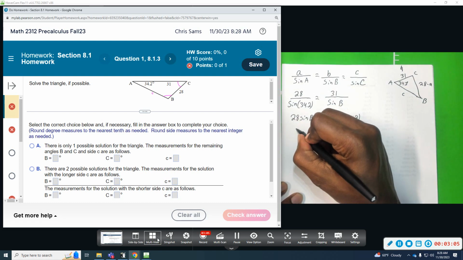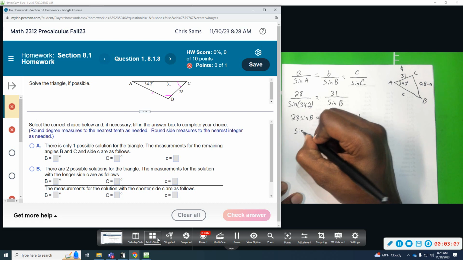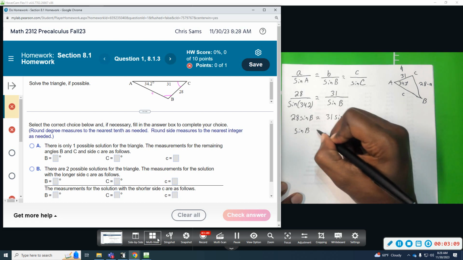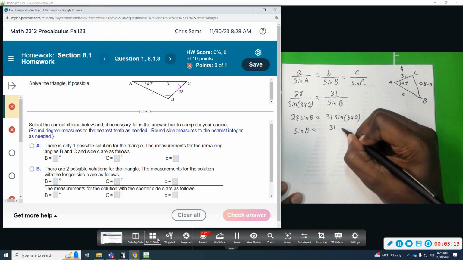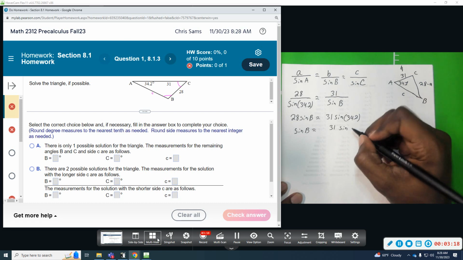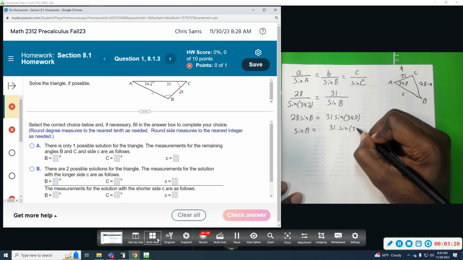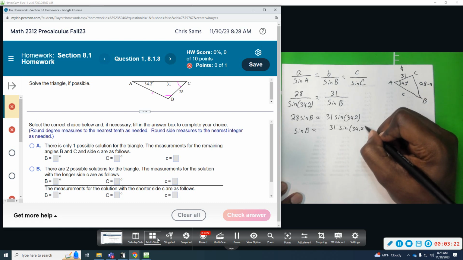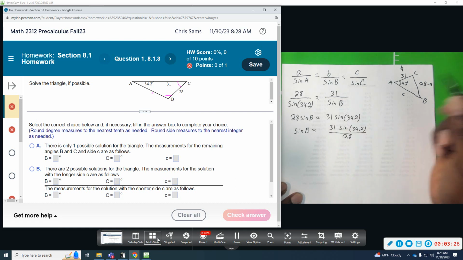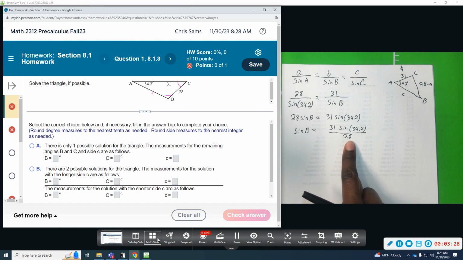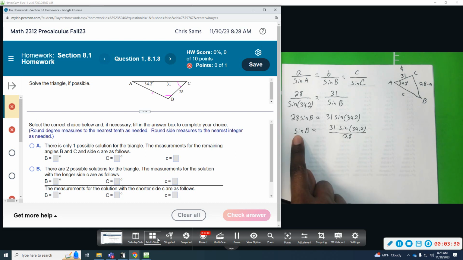So then I'll have sine of angle B equals 31 times sine of 34.2 divided by 28.